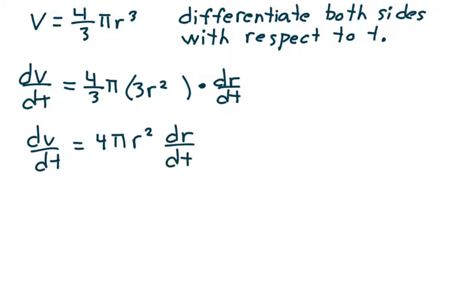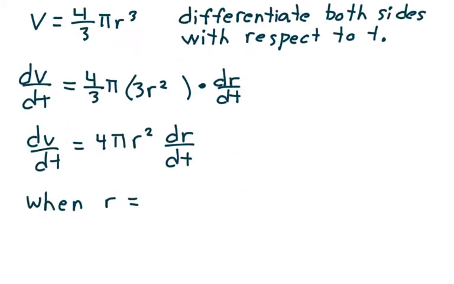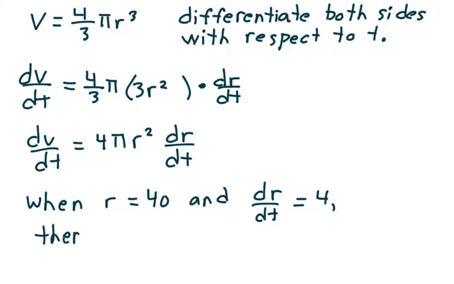So when r equals 40 and dr dt equals 4, then dv dt is 4 pi times 40 squared times 4.